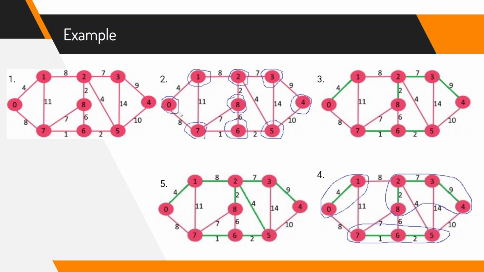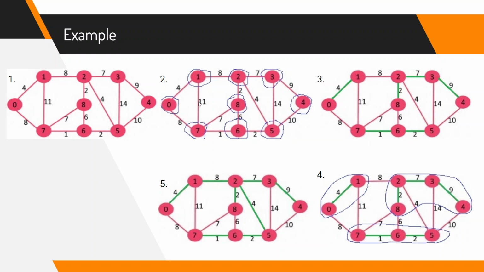Now, in the diagram, we can see that for 0, we have 0 to 1, which is of minimum weight as compared to all other edges. So we have it colored green. Similarly, for 1, it is the same, so we will not double count it. The set is unique, so only unique edges will go in it.